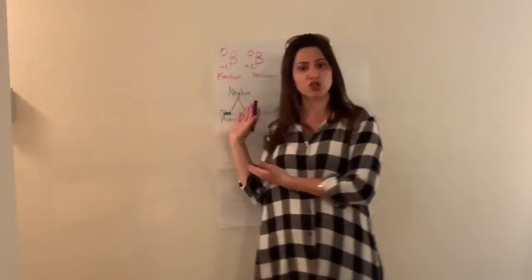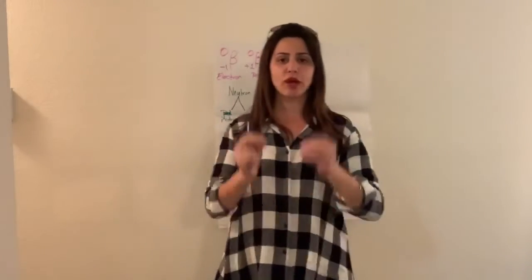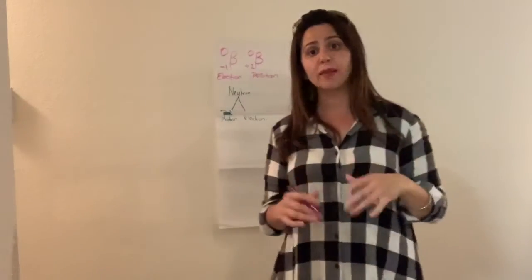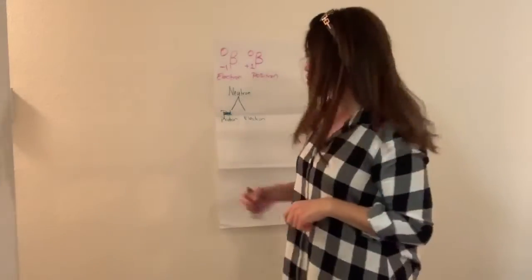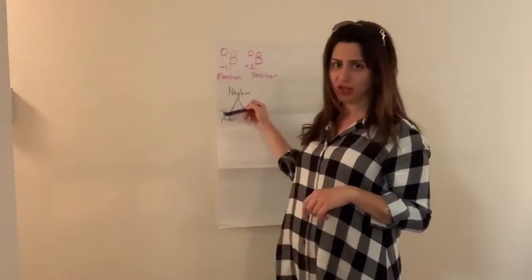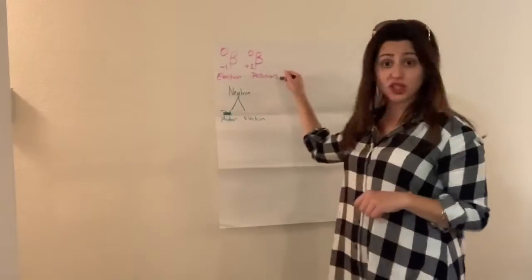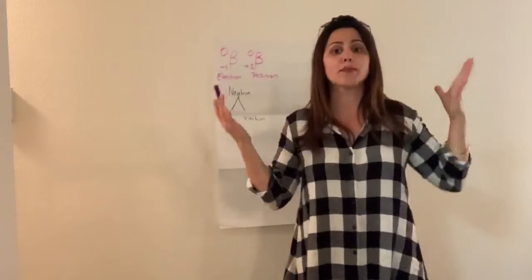Why would a positron form? A positron forms when the atom has too many protons. In the beta electron case, the atom had too many neutrons. In the beta positron case, the atom has too many protons.